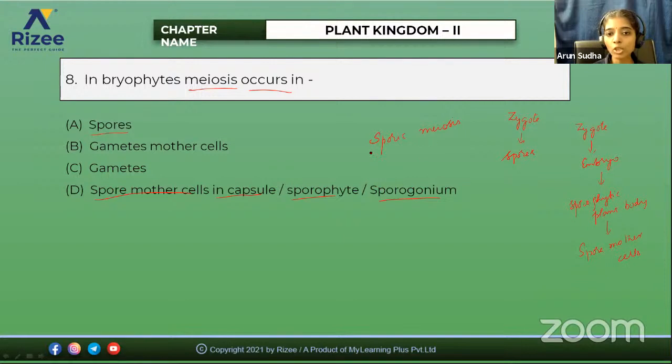So that is called sporic meiosis, which is one of the main features here. So meiosis occurs in spore mother cells in the capsule or sporophyte or sporogonium. I hope it is clear.